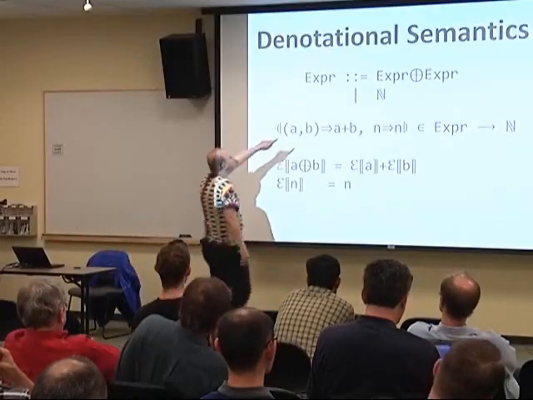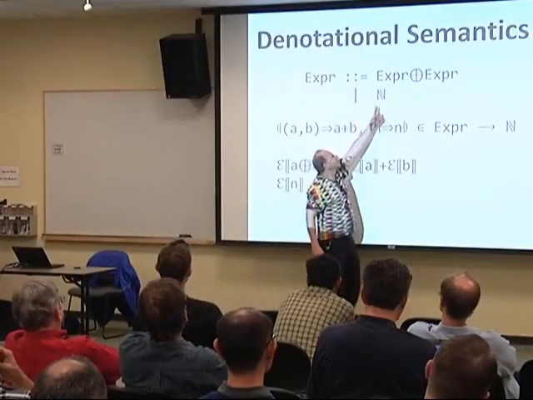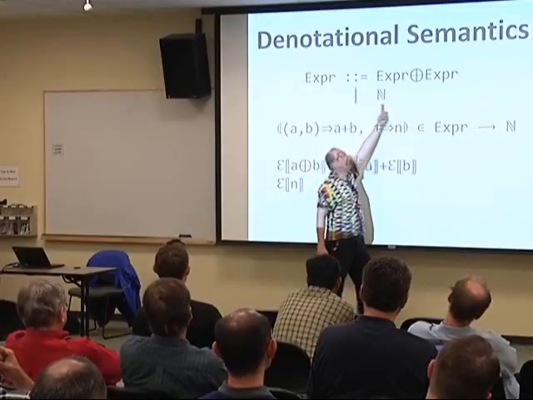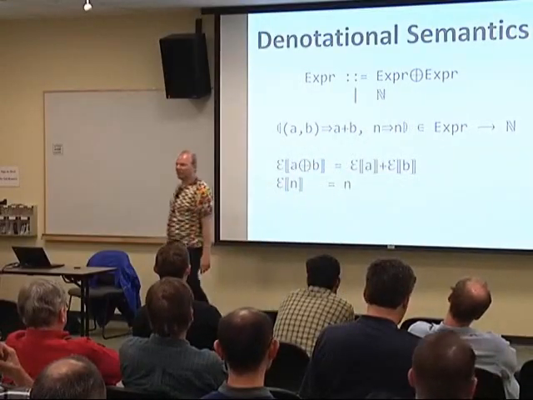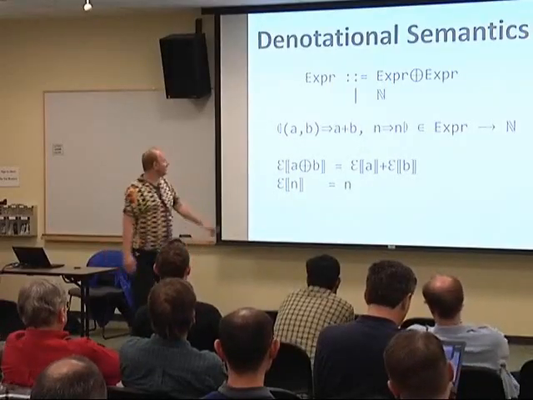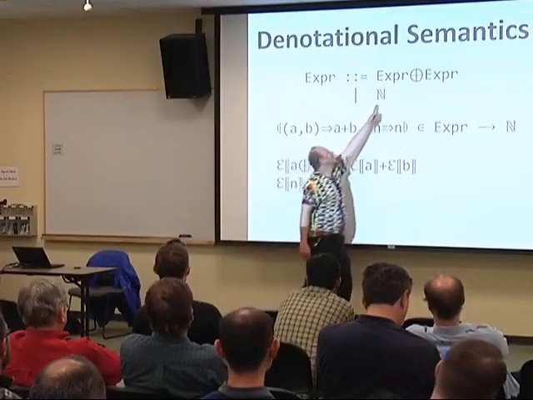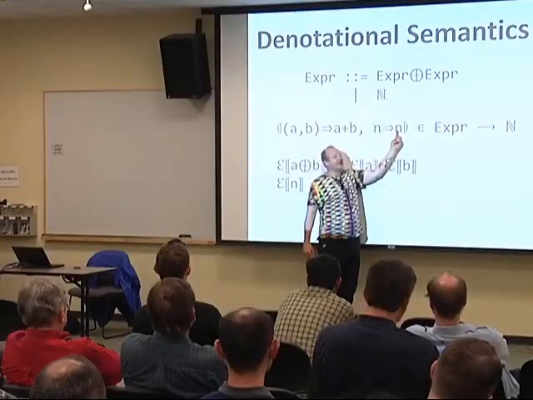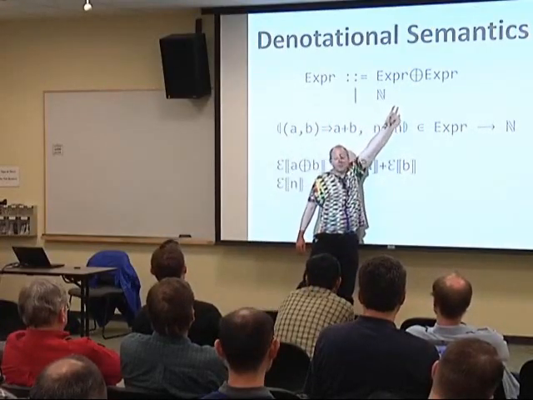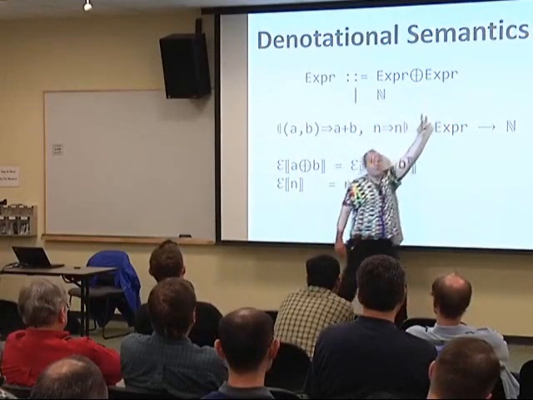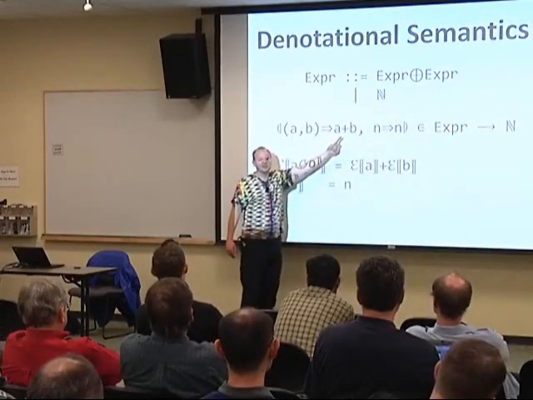So here's an interpreter for expressions. An expression is either a constant or some binary operator of two expressions. So how do I write an interpreter? Well, I have to replace the constants by themselves, and I have to replace that binary operator, which is my AST, by, say, addition. Okay?